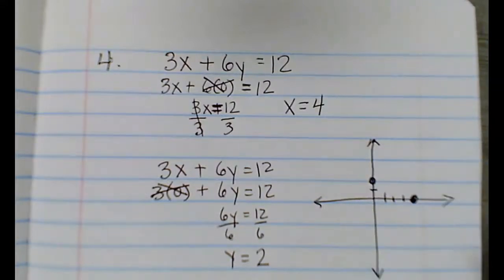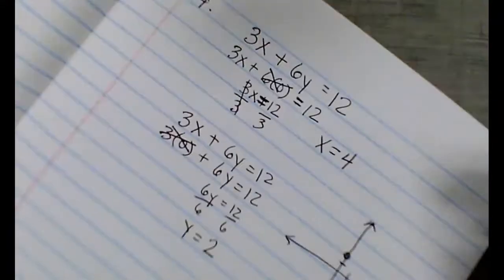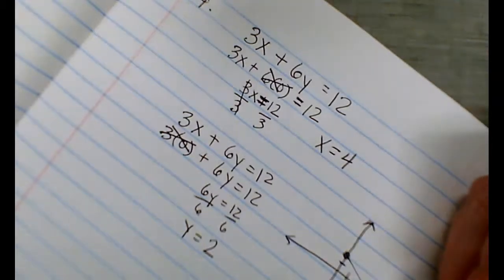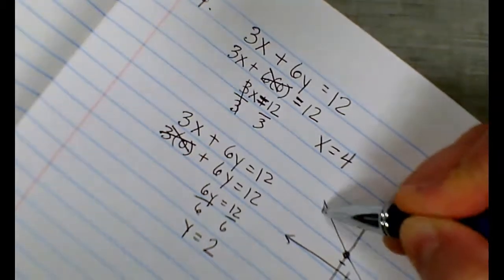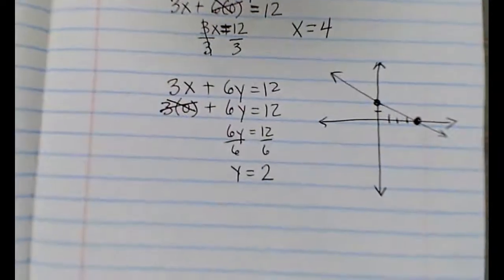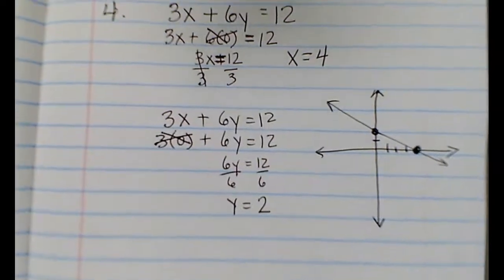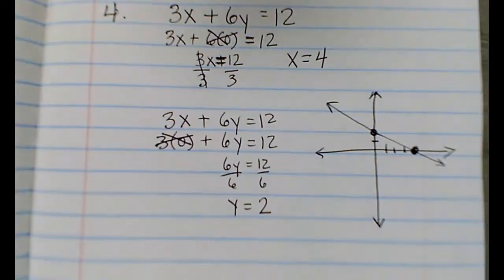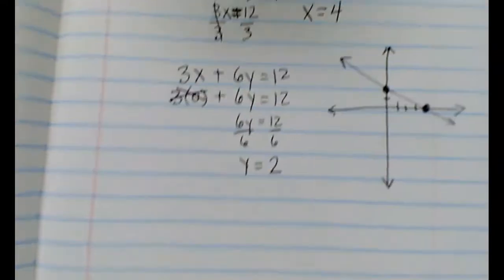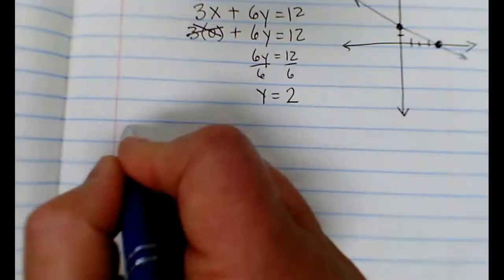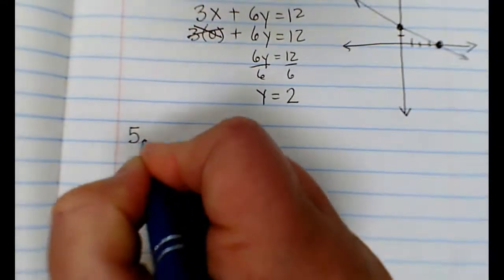If you have the x and the y-intercept, then you can connect the x and the y-intercept, and you can graph the line with the x and y-intercept. This line that I just graphed, is it going to have a positive slope or a negative slope? It's a negative slope. And you could count the slope on the graph.